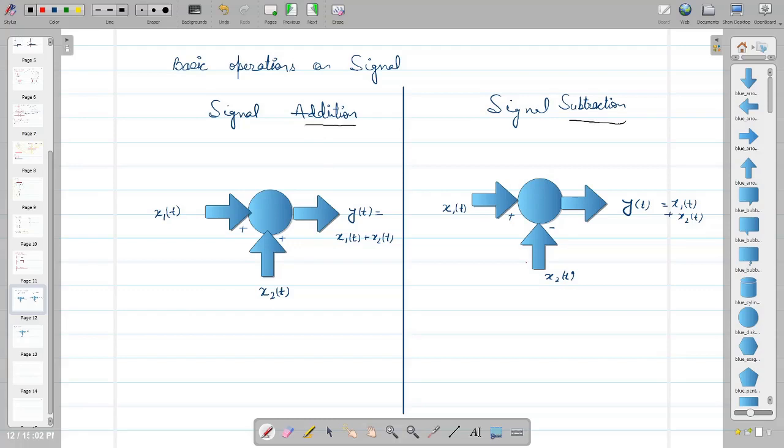Signal subtraction. We can represent it with a block diagram where x1 is the input to the system and x2 is the input to the summer, and this summer gives the output y(t), which is x1(t) plus x2(t) in the continuous domain. The sum of two continuous time signals can be obtained by adding their values at every instant of time.